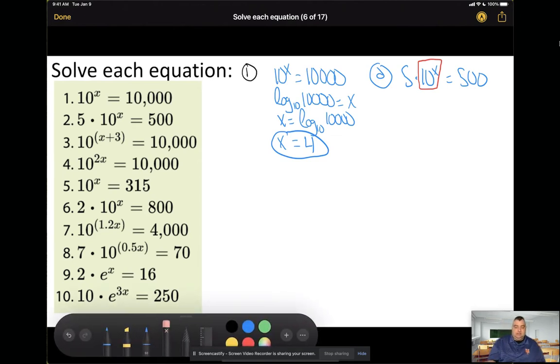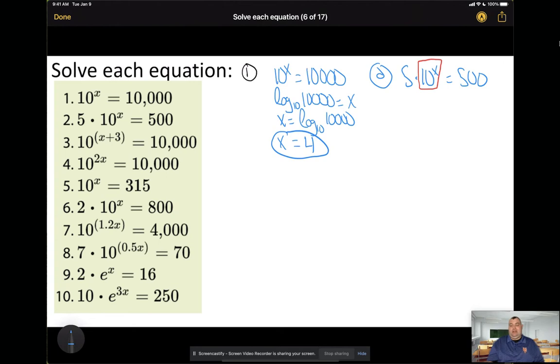Since the 5 is being multiplied, I get rid of multiplication by dividing. So I'm going to start off by dividing both sides by 5. So that gives me 10 to the power of x equals 500 divided by 5. 500 divided by 5 is 100.